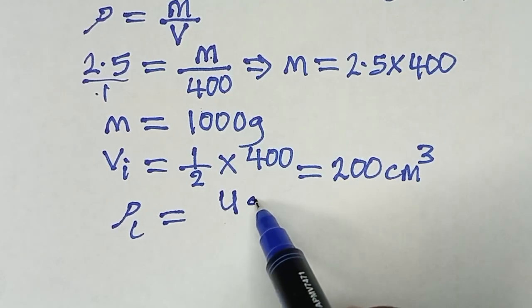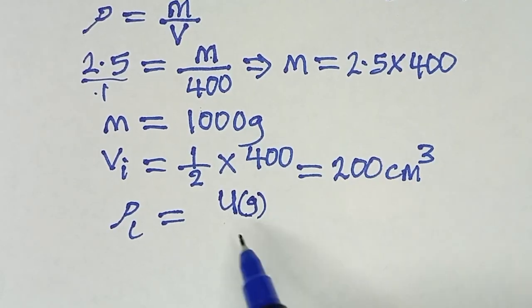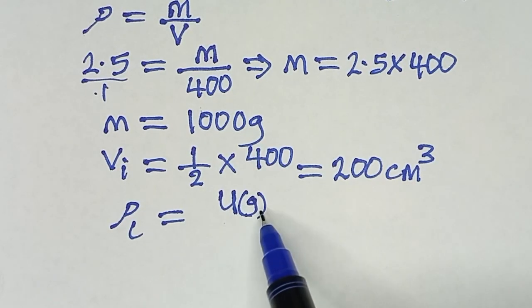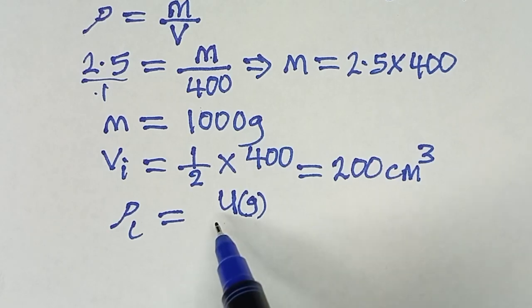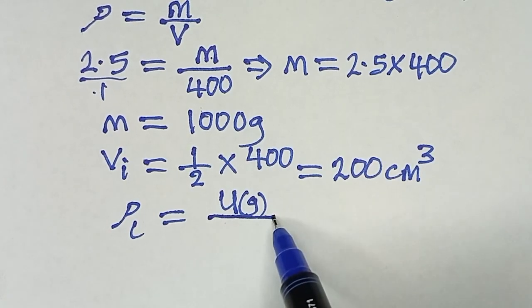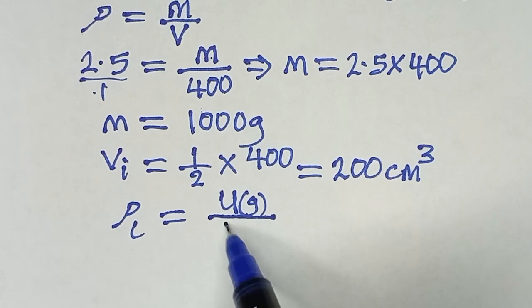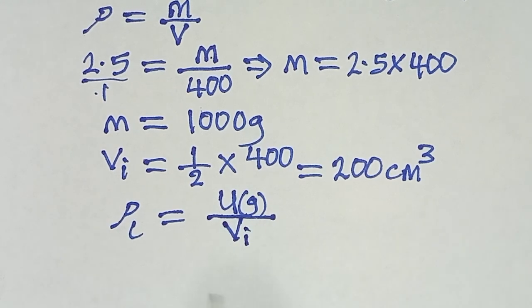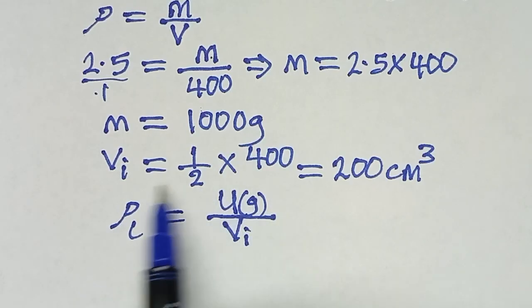Now, the upthrust is the loss in weight. So the upthrust divided by the volume that is immersed in the liquid. Don't forget this formula. In fact, I can call it the most important formula under density and upthrust.